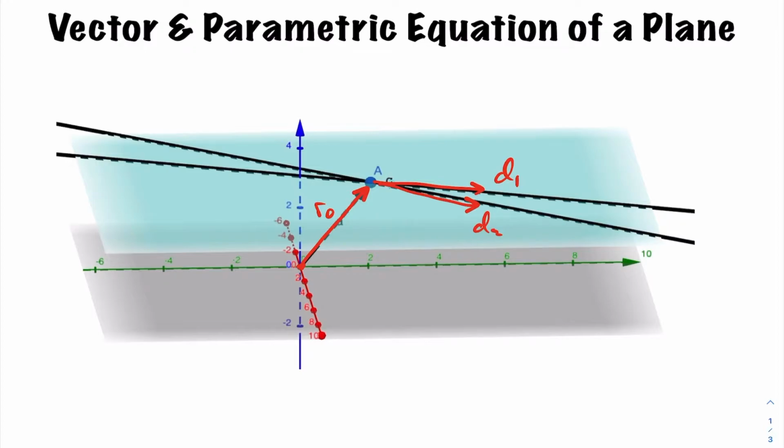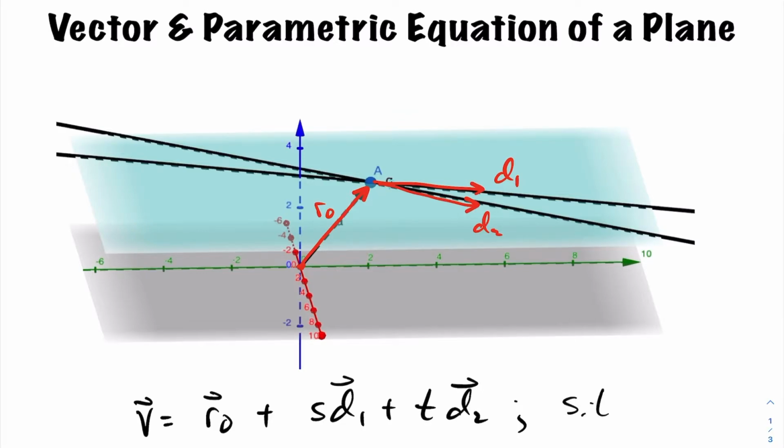Writing this algebraically, we get the vector equation of a plane is V equals vector R0 plus s D1 plus t vector D2, where s and t are any real numbers.